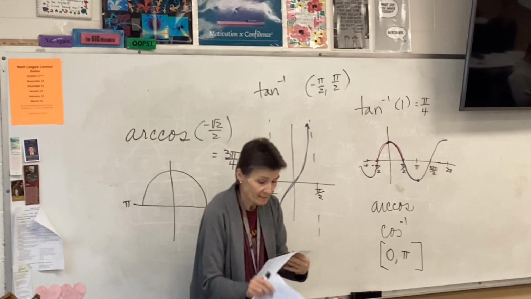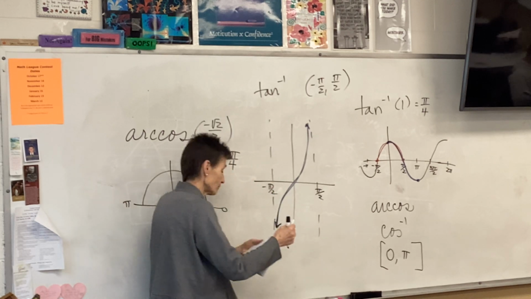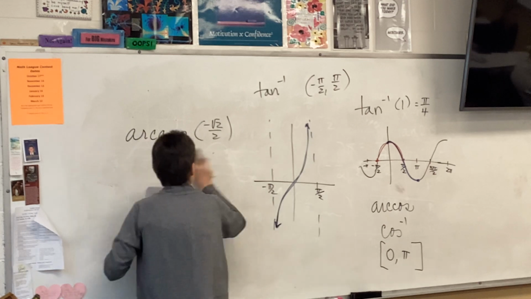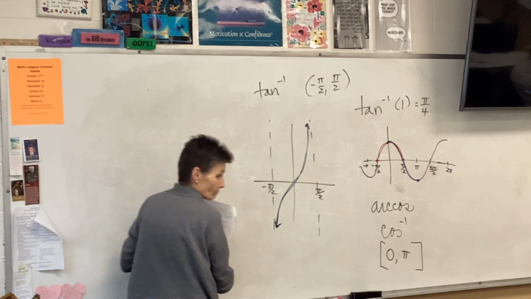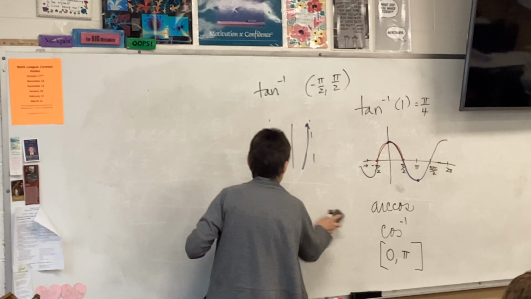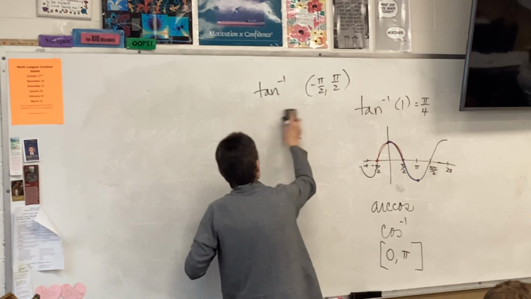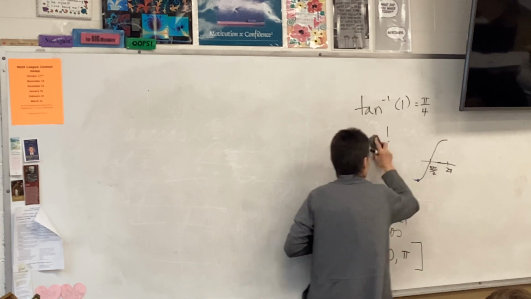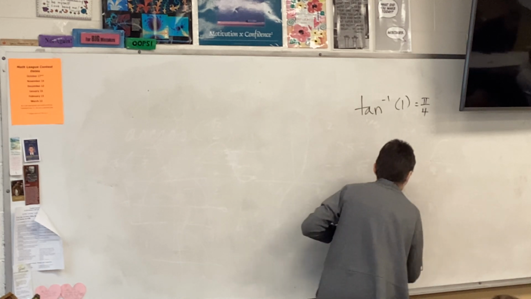All right, let's look at the back side of the page. Okay, so now you have your principal values, you have your rules. So now we're ready to get into these.